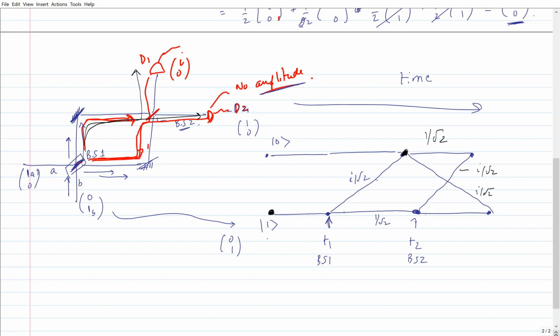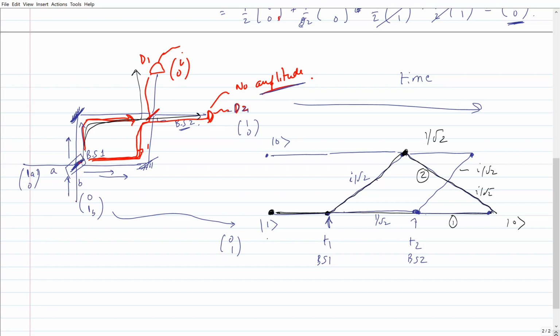Now if I calculate the probability of going from the state 0 to the state 0 over here, it is going to be the sum of these paths. Path 1, and also path 2.